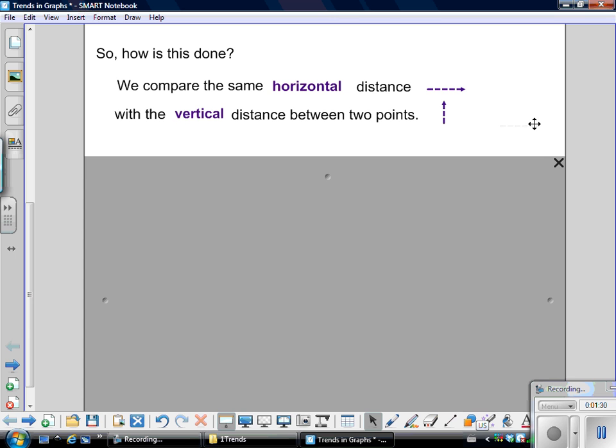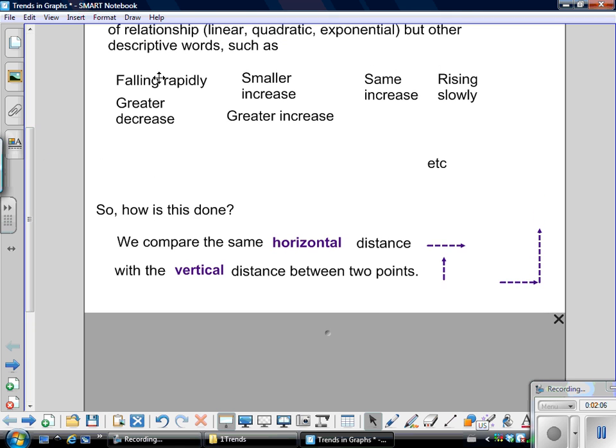In other words, if I keep this distance the same, I want to find out whether this horizontal distance stays the same between 2 points, or whether for one of them it's like this, but for another the distance is maybe higher, but I'm never going to change the horizontal distance. So we're keeping the horizontal distance the same when we're comparing, and we're seeing whether the vertical distance between those points increases or decreases using these words from above.